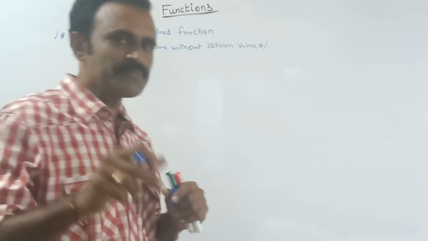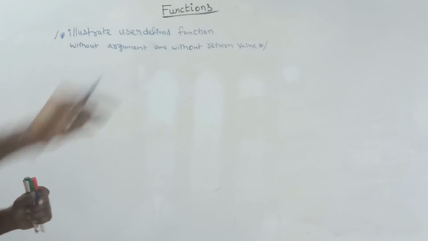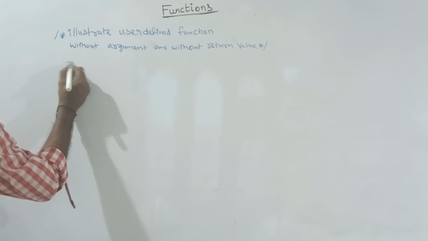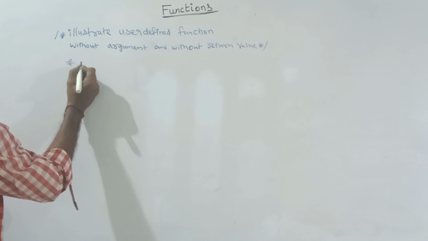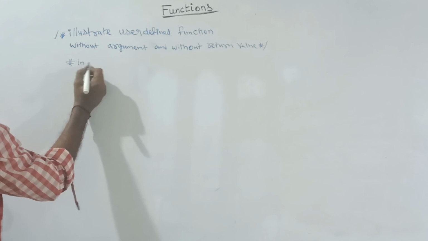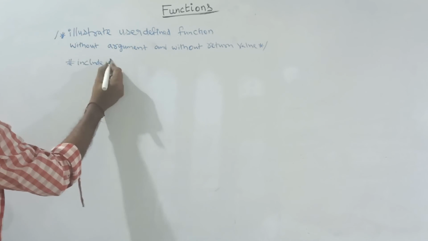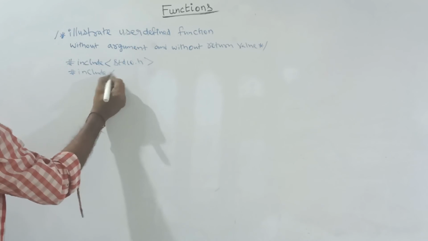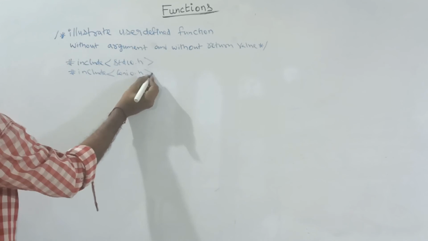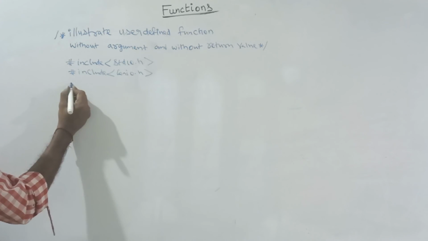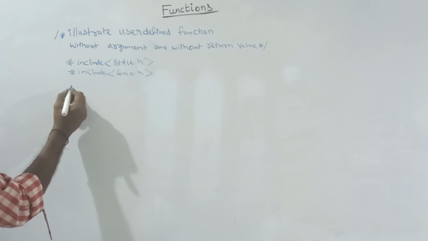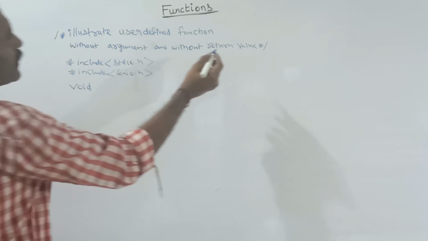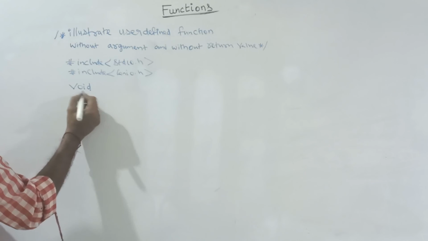Now let us see the simple program, how to draw a line. Here the main part, including the header file. Without argument and without return value, so here without argument, void.